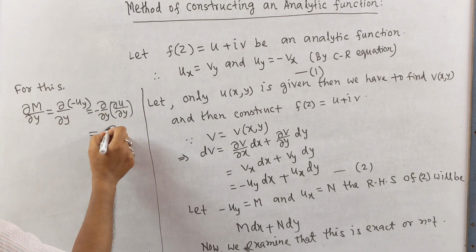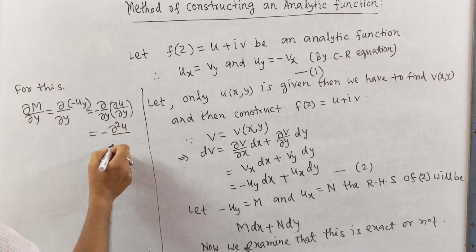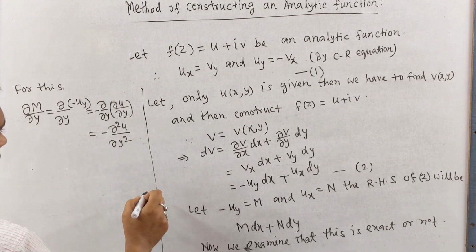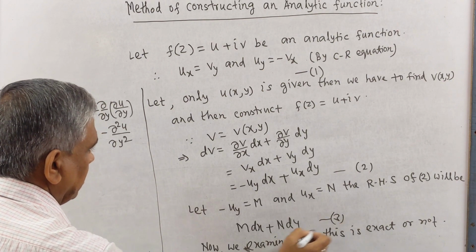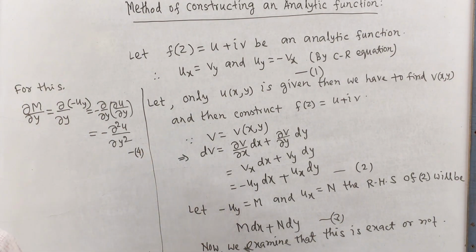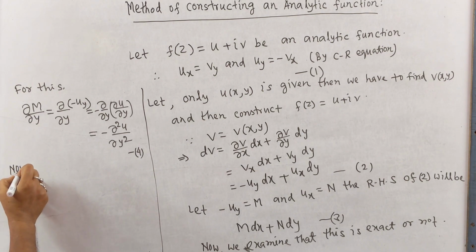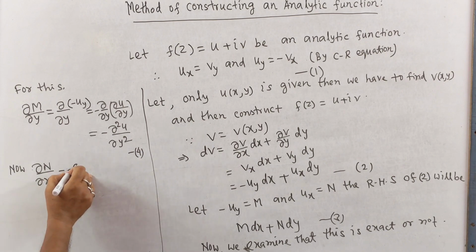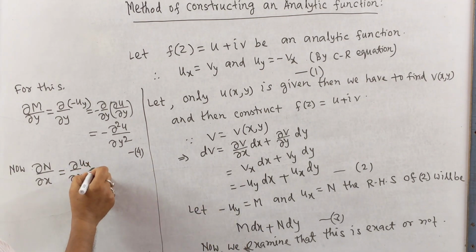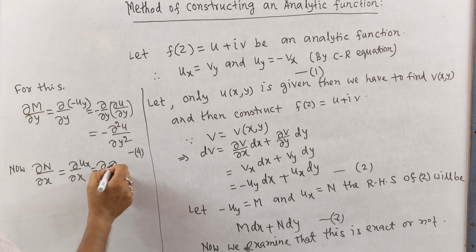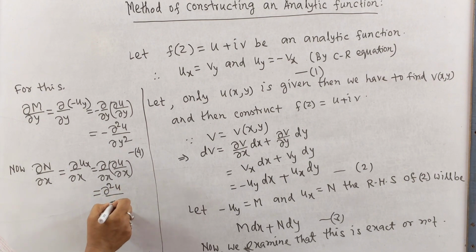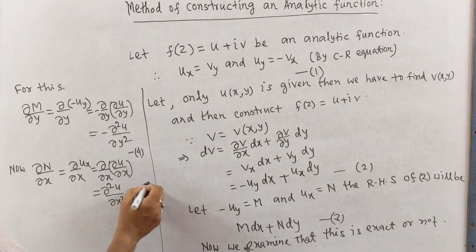This is equal to -∂²u/∂y². This is number 4. Now ∂n/∂x = ∂/∂x of (ux) = ∂/∂x(∂u/∂x) = ∂²u/∂x². This is number 5.